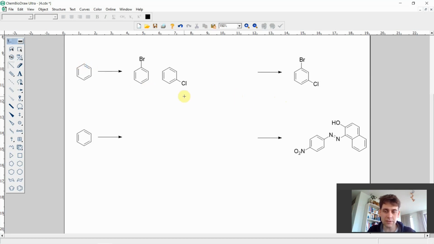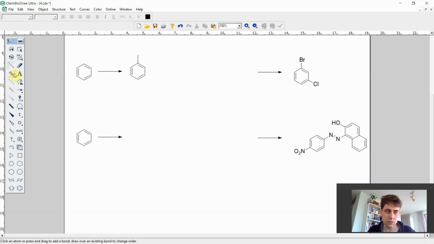So let's first do that. The best approach to get this meta substituted product is to first introduce a group that is directing into meta position. A group that is directing into meta position is the nitro group. We have just seen that before, and the nitro group will, as we will see in a minute, nicely help us to transform one of our substituents into one of these halogen atoms.